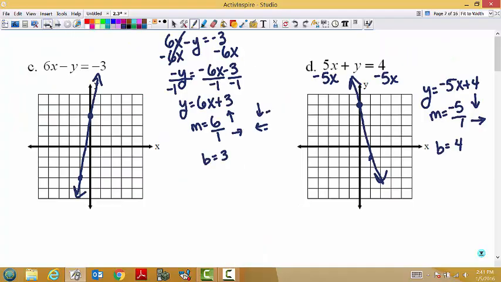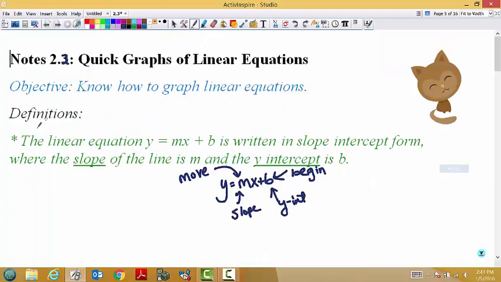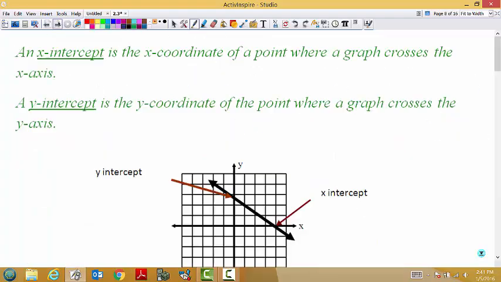Alright, so that was the first thing we did, if it was in y equals mx plus b. The second thing we're going to look at is how to graph using the x and y intercepts. The x-intercept is the x-coordinate of a point where the graph crosses the x-axis, and it's always a number, comma, 0. Like right here, this one is 4, comma, 0.